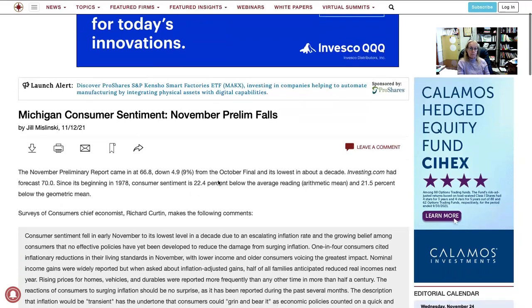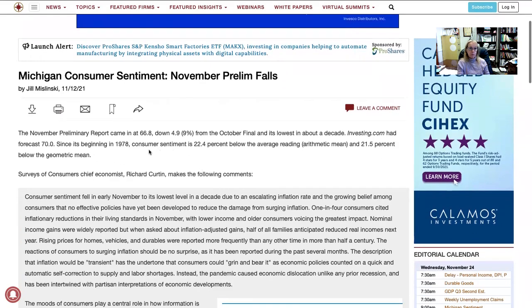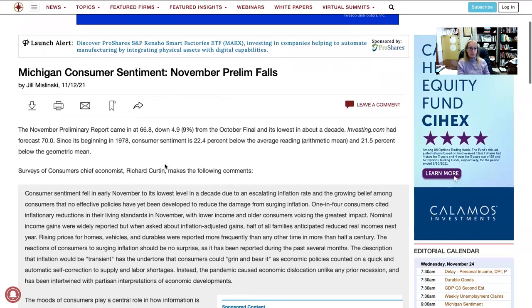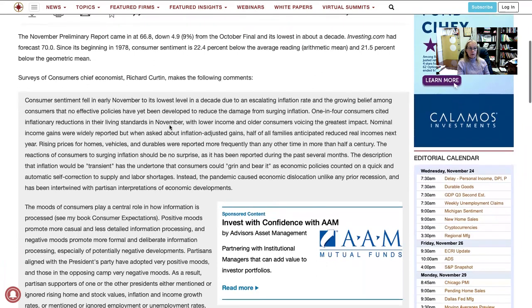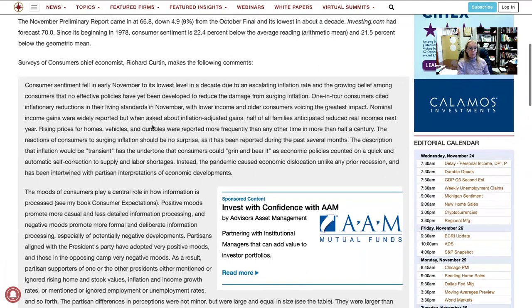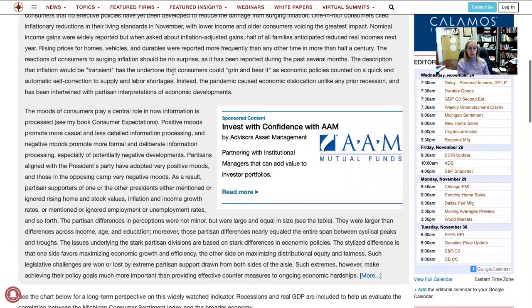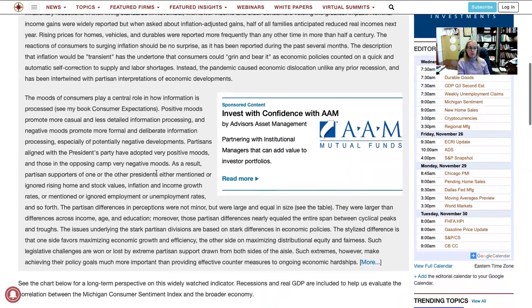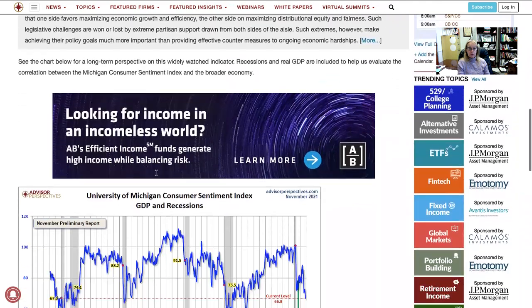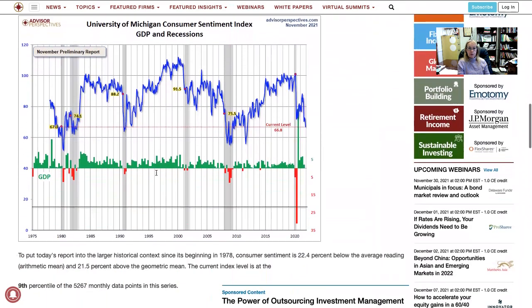And so you can read this. Make sure you read all this. This is a summary of what the latest readings were on the Michigan Sentiment Report. You'll definitely read this. You can incorporate some of what they're saying here into your discussion. And then you can look and see what's gone on here.